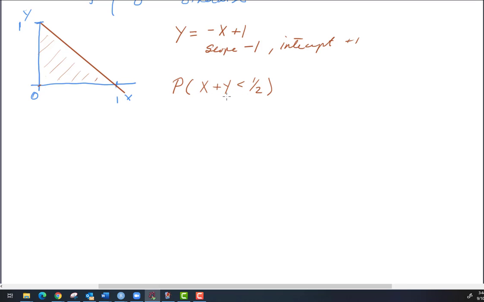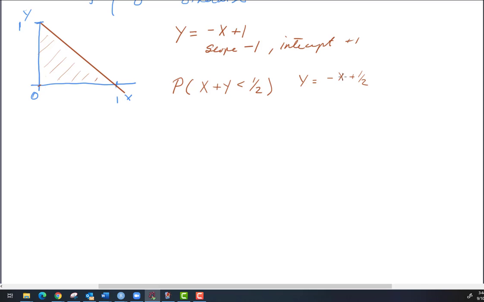So I know that x plus y has got to be less than 1/2. Well, that tells me that the boundary, y, would equal negative x plus 1/2. And just as we did before, we can plot this boundary.